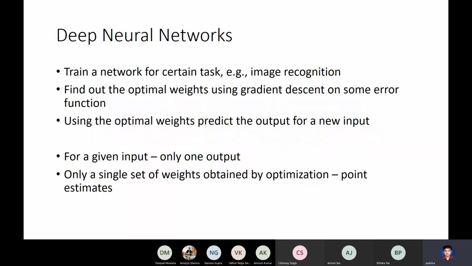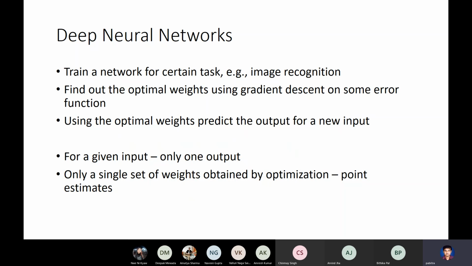Okay, so all of you who use neural networks or any machine learning algorithm know that deep neural networks are pretty popular. The steps are as follows. You have a training set and there is some particular task, for example, you have to recognize or categorize an image.